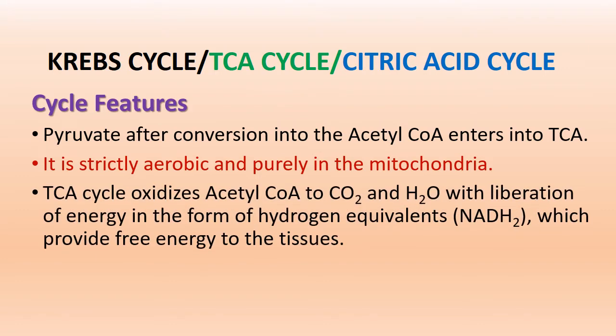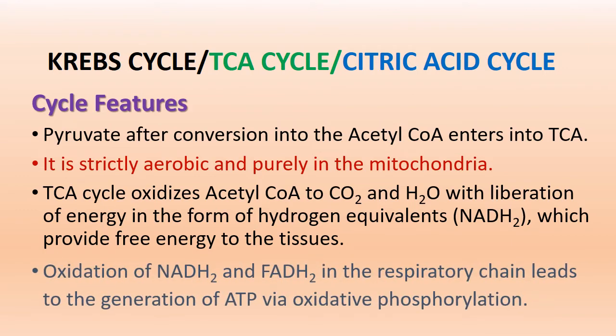During the TCA cycle, acetyl-CoA gets oxidized into carbon dioxide and water, and energy is produced in the form of NADH2, the hydrogen equivalents, and it provides free energy to the tissues. Oxidation of NADH2 and FADH2 in the respiratory chain leads to the generation of ATP via oxidative phosphorylation.